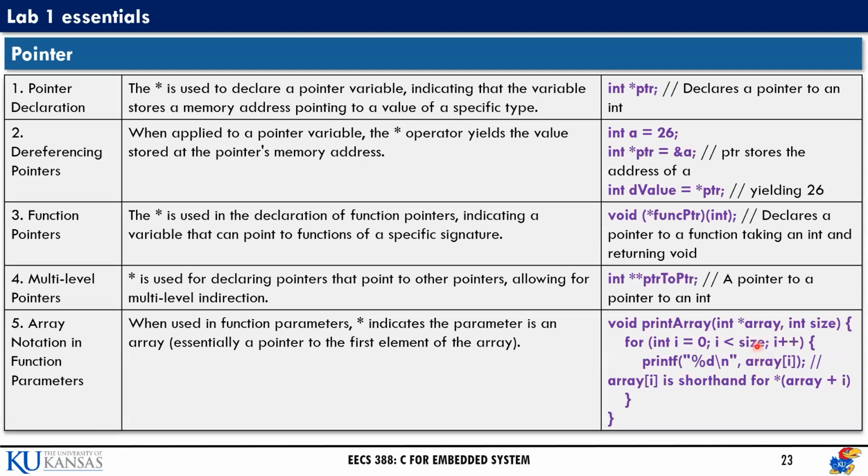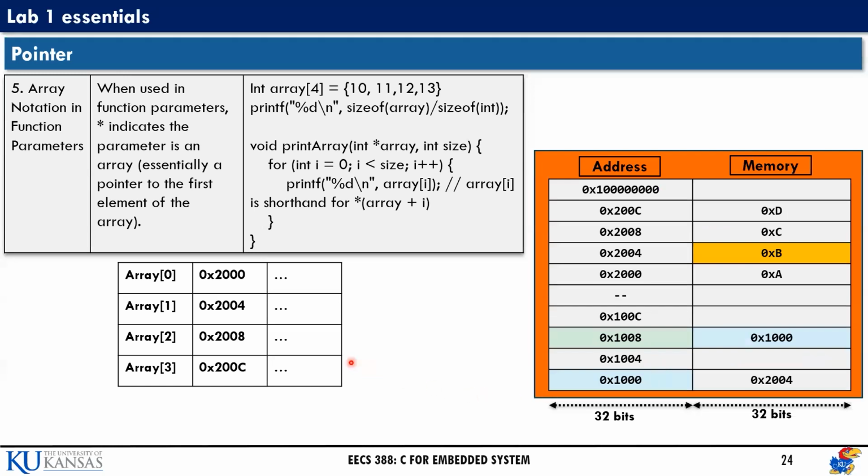So if we have an array that has, for example, 10 elements, and we know the beginning location, we can iterate through 10 times, hopping from one memory address to the next, and retrieving the data from that array.